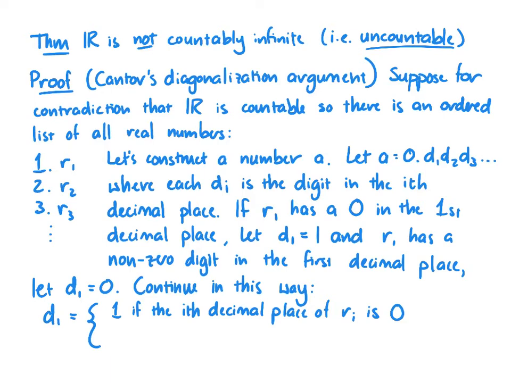To define D2, I look at the second decimal place of R2. If that digit is a 0, I'm going to put a 1. If it's a non-zero digit in the second decimal place of R2, then D2 is going to be 0. So Di is 0 if the ith decimal place of Ri is not 0.